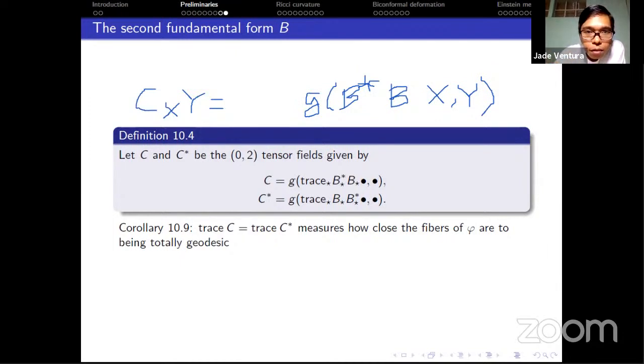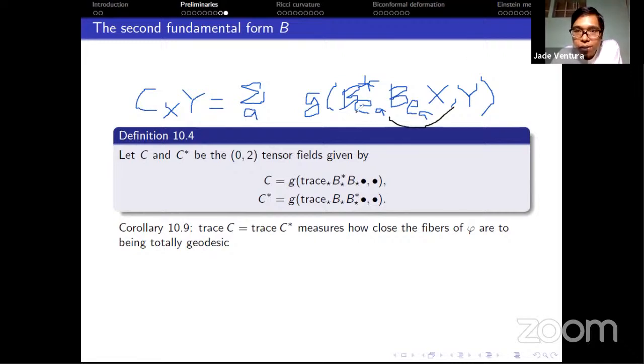So sum as A goes from 1 to 4, B star sub E_A, this orthonormal frame field vector, of B sub E_A. So let's just check that this makes sense.